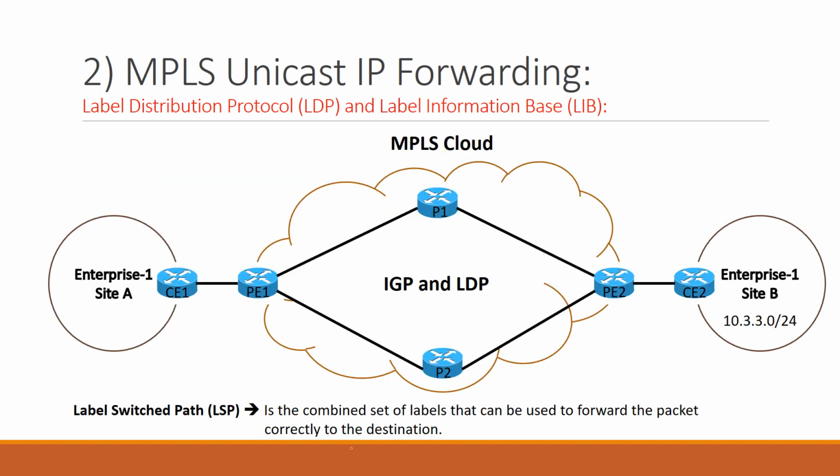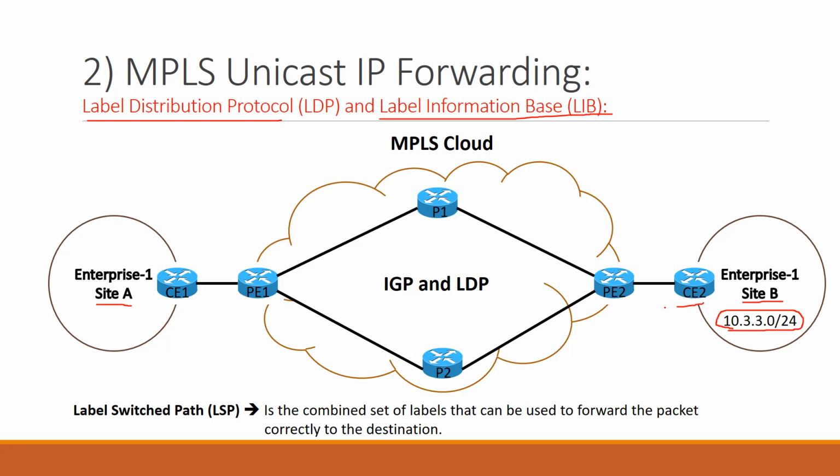So here is a simple example of how the label distribution protocol and the label information base work. Let's say we have enterprise 1 with two sites, site A and site B, and now site B needs to advertise this IP prefix or this subnet.